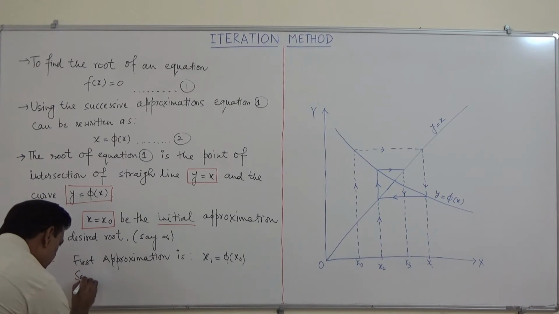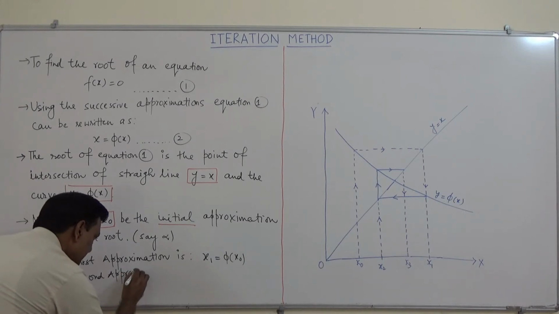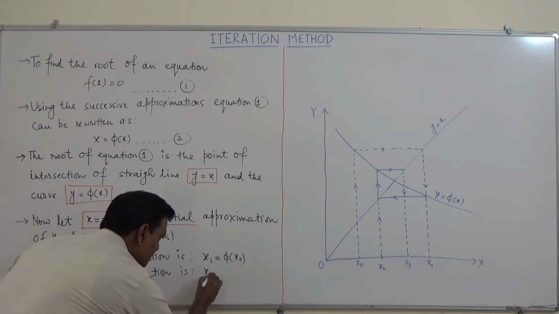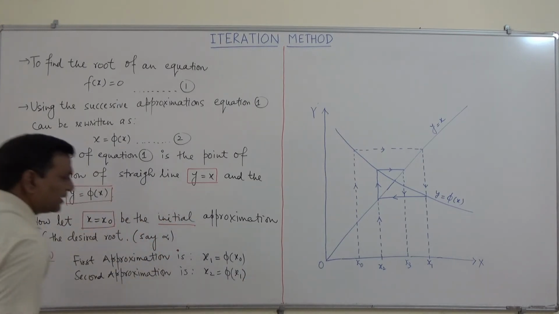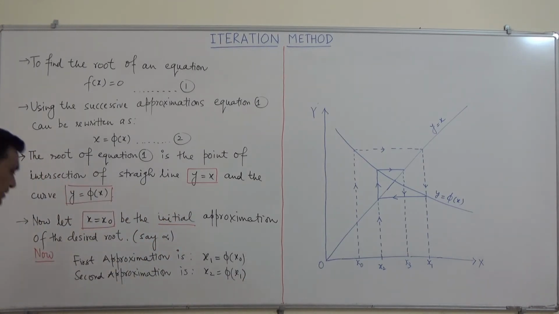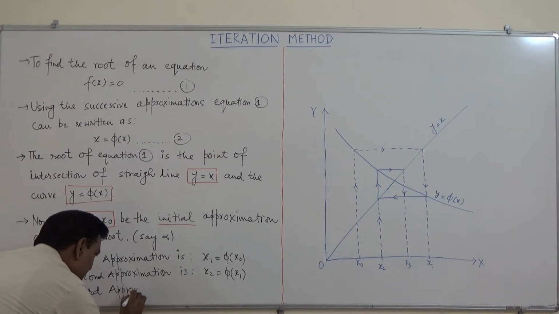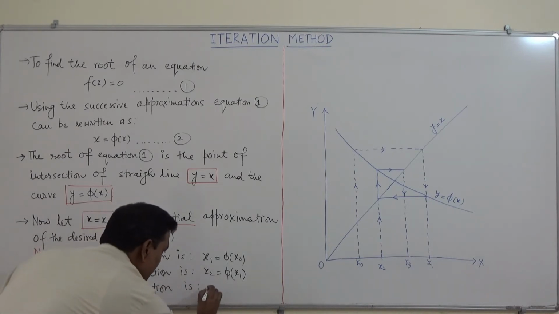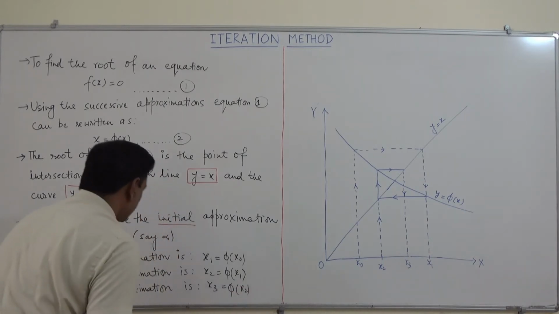Similarly, the second approximation is x2 equals phi(x1), and the third approximation is x3 equals phi(x2), and so on.